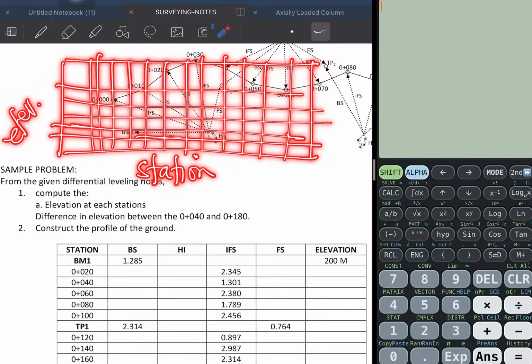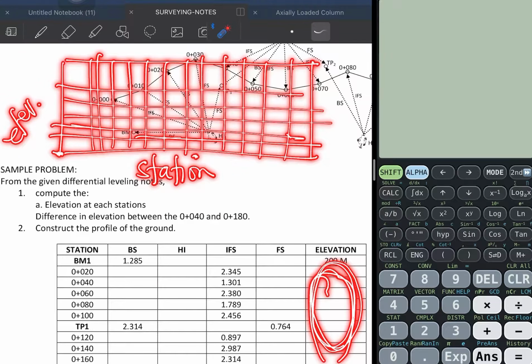Normally the station should have a 20 meter interval, and the lowest elevation here is the lowest elevation in your data, or 0.1 meter below the smallest elevation in your table.